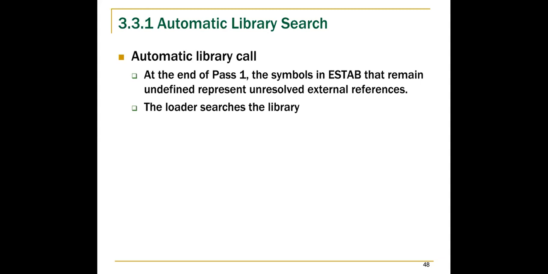So it's first going to check them in the present library. Automatically it will search for it. Therefore, we say it is an automatic library search, and it's going to fetch whichever subroutines are called for. So this is how it performs the automatic library search.